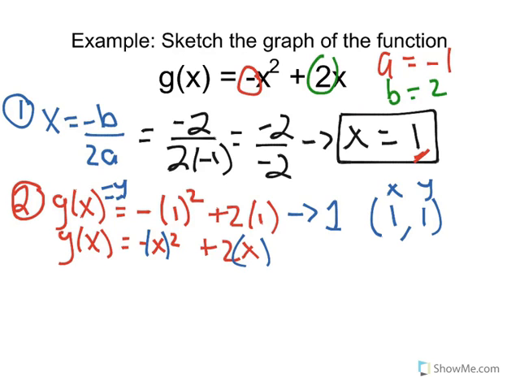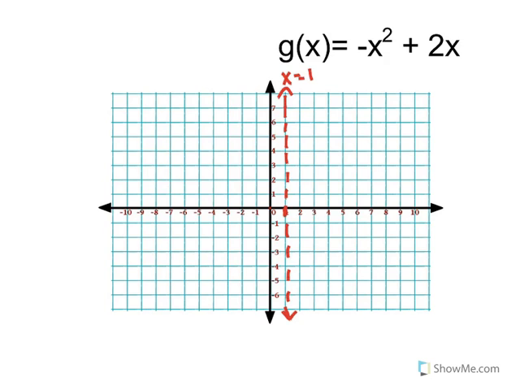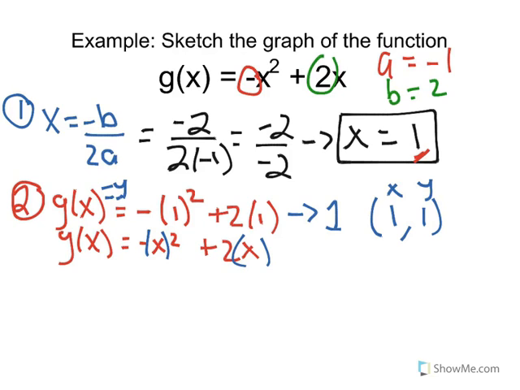So now let's plot that vertex on our graph. So at 1, 1 is our vertex. Let's go back to the steps. So now that we have the vertex, we have to find the y-intercept. So to find the y-intercept, we're going to substitute 0 in for x.